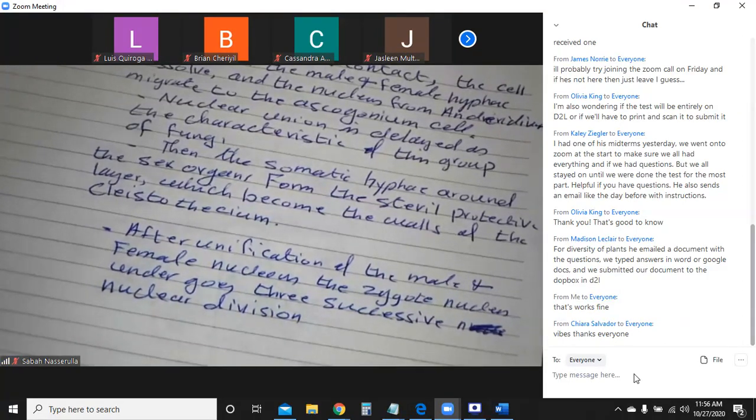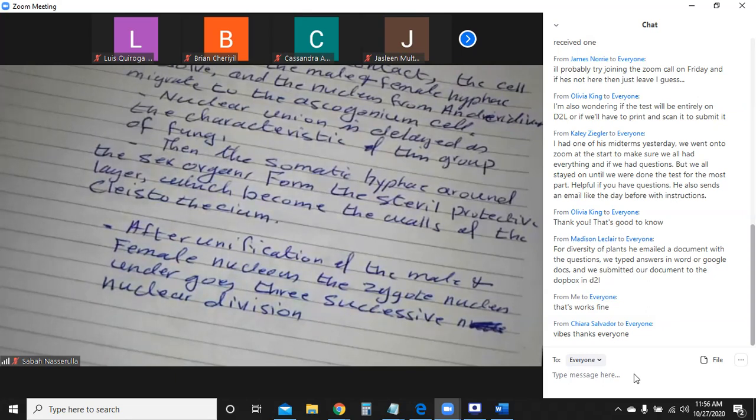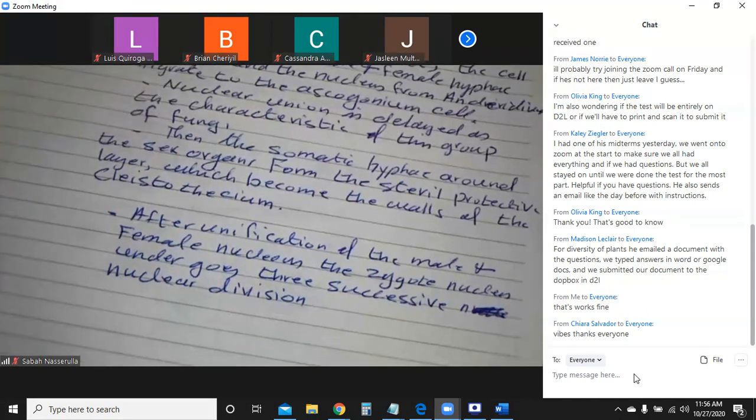As I mentioned to you, this nuclear division is basically meiosis, meiosis 1 and then meiosis 2, followed by mitosis, which will end up with 8 spores.